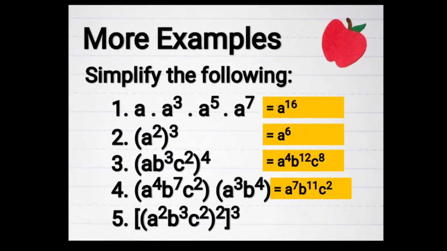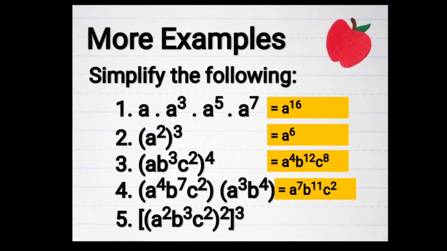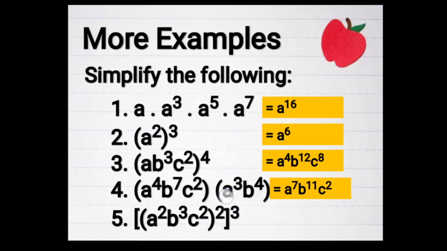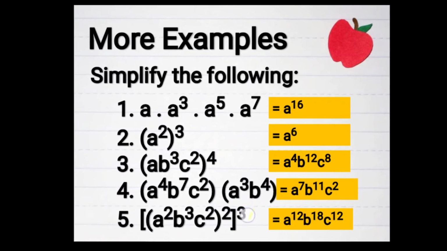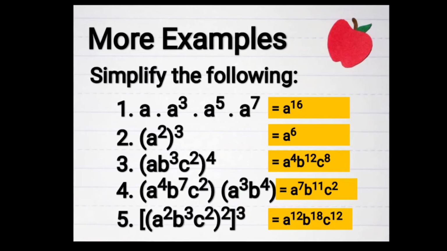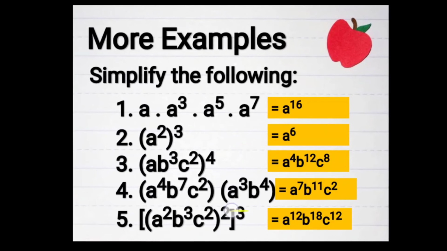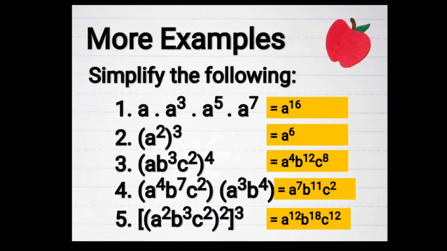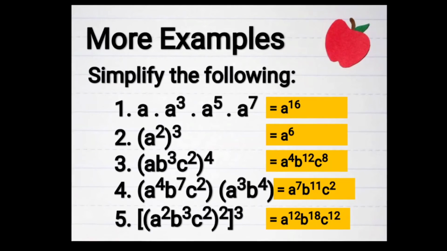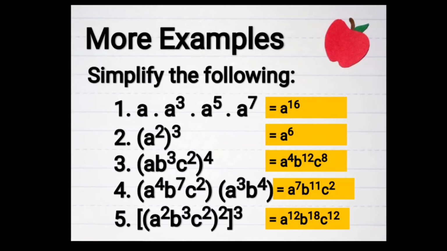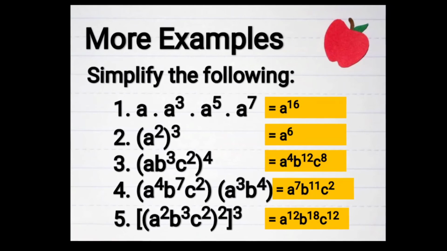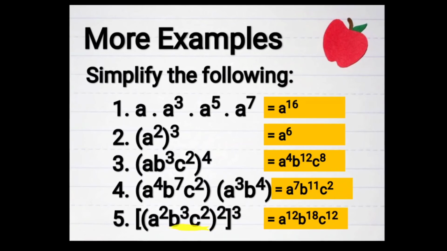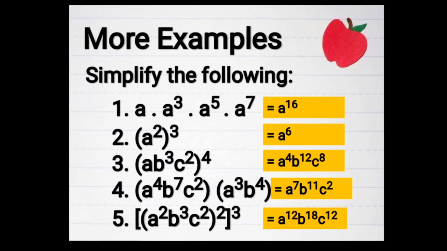What you are going to do is to multiply this outside exponent to this exponent. So 3 times 2 is 6. Okay, so after combining this 2, so 3 times 2 is 6, we will multiply that product, that 6, to the exponents inside the parentheses.